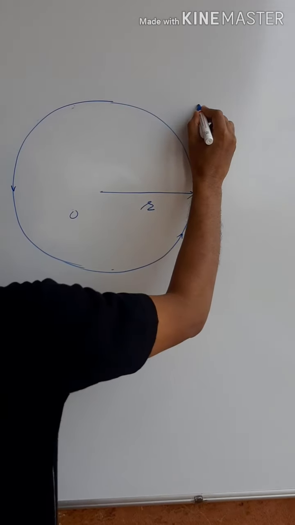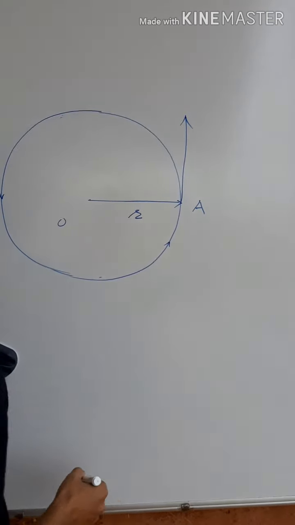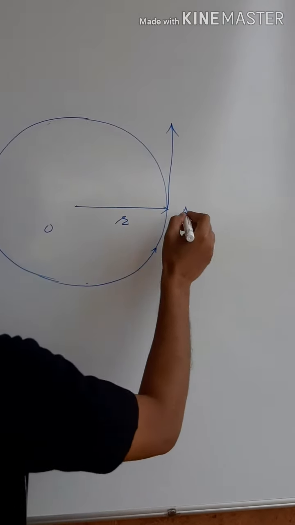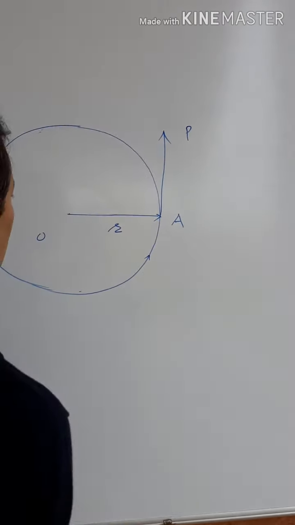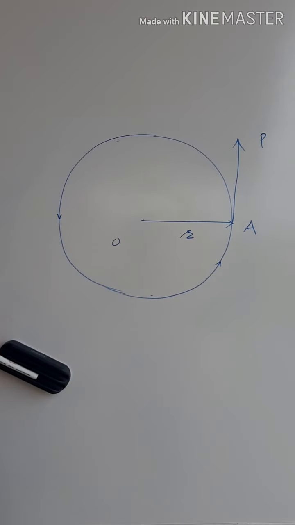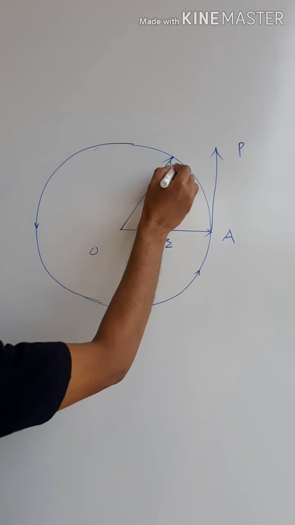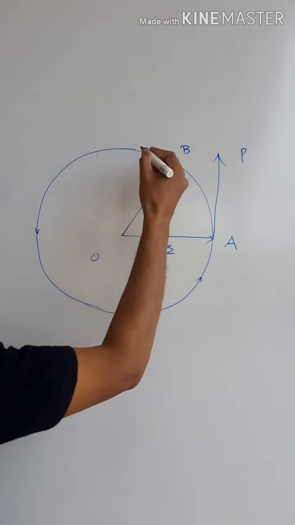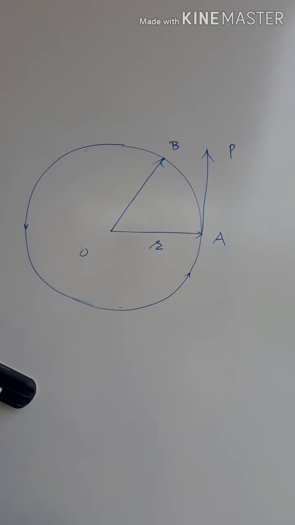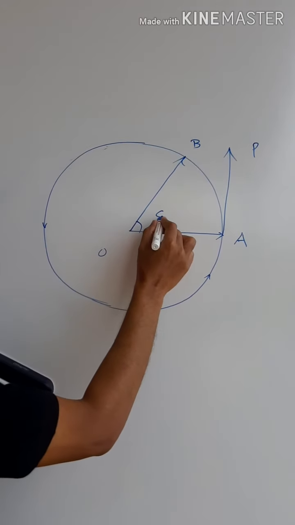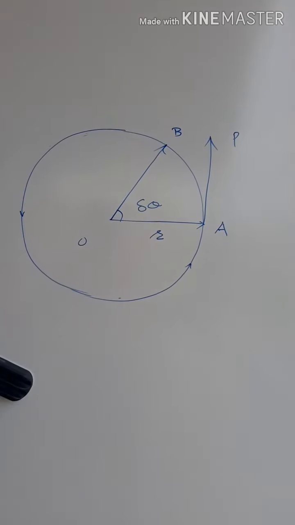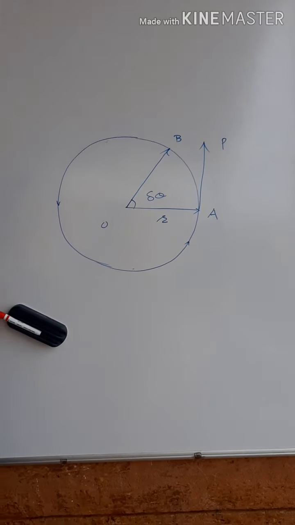So the linear velocity at point A is along the tangent, and it is denoted by AP bar. Suppose that a particle moves from point A to point B in a short time interval delta t, and this is an angular displacement delta theta.